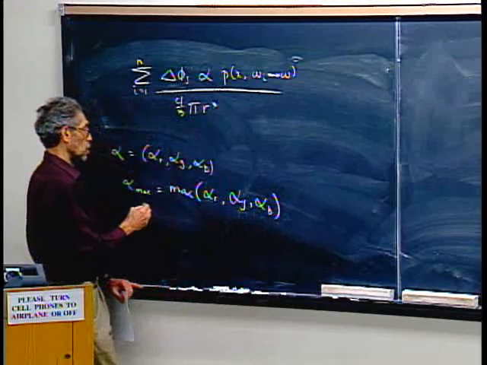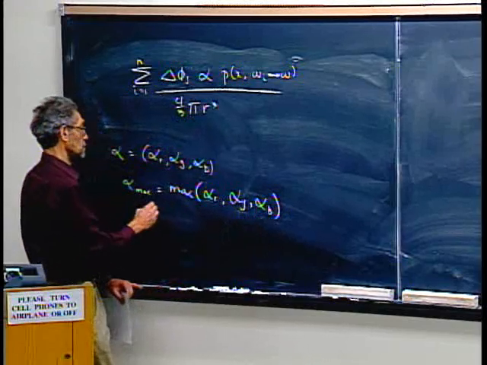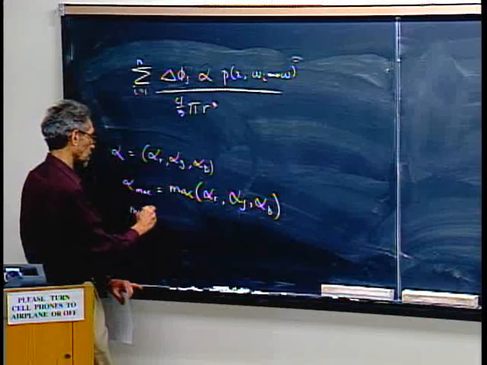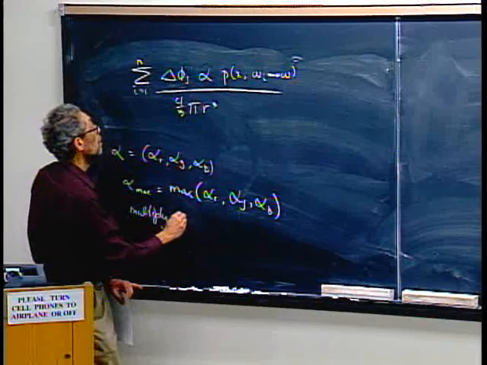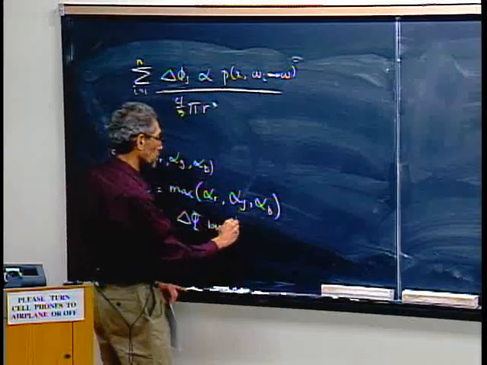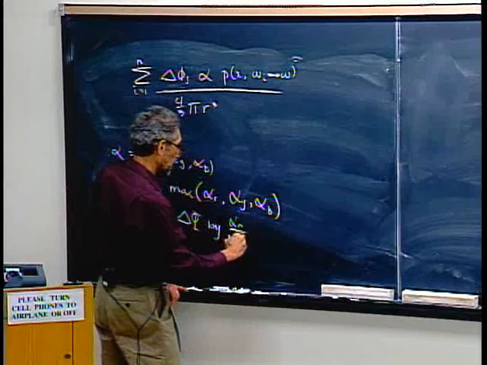And then multiply the flux by the ratio alpha r to alpha max.